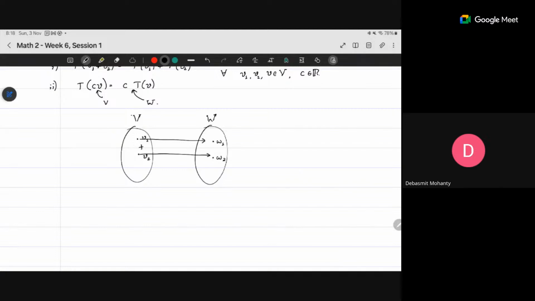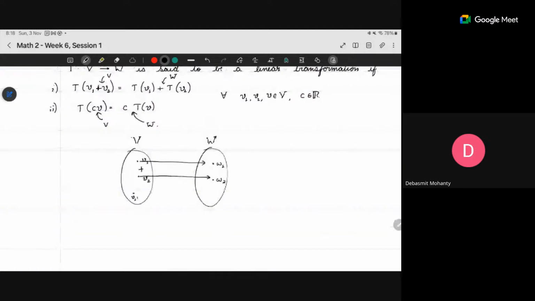If I do a V1 plus V2 over here, I'll get some element V1 plus V2 in this thing. And then if I look at this guy, it goes to some W. So if I do V1 plus V2 and then take the image under T, this map is T, that is the same as taking the image of V1 and V2, which are in W, and then adding.